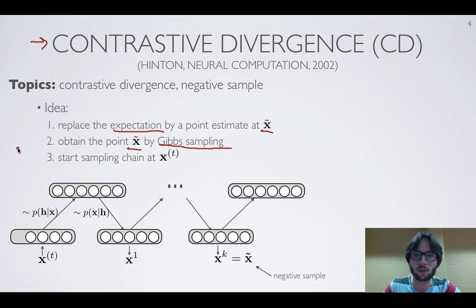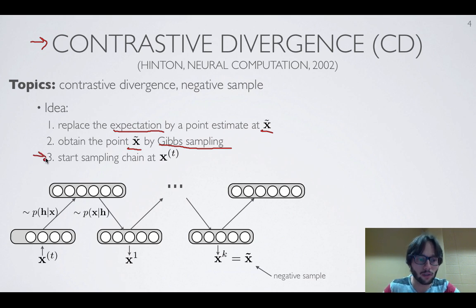For a restricted Boltzmann machine, performing that sampling is quite efficient because, conditioned on one layer, all the elements in the other layer are independent. Then I can sample all the values in one layer in parallel given the value of the opposite layer, and then alternate between each layer. This is very efficient to do in practice.